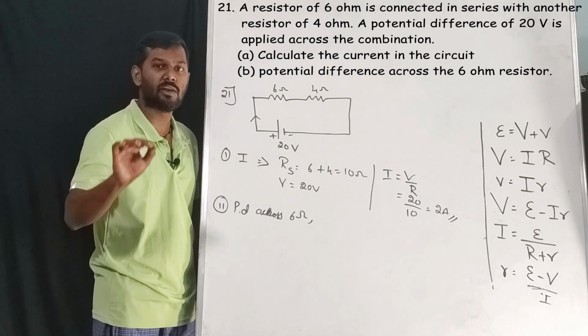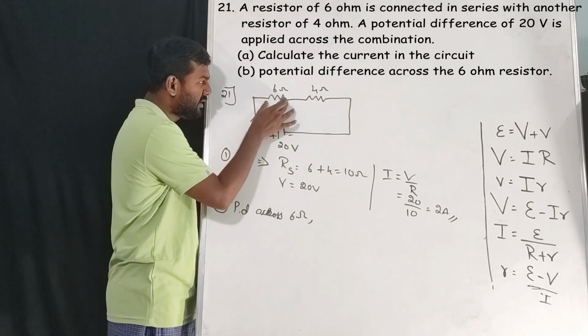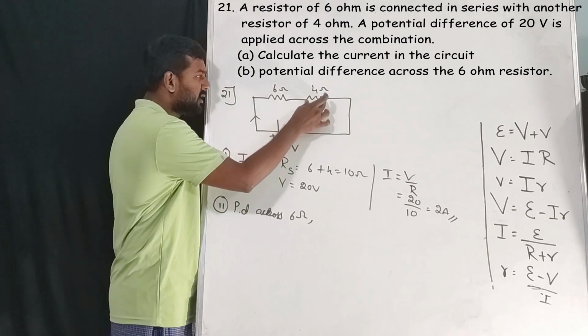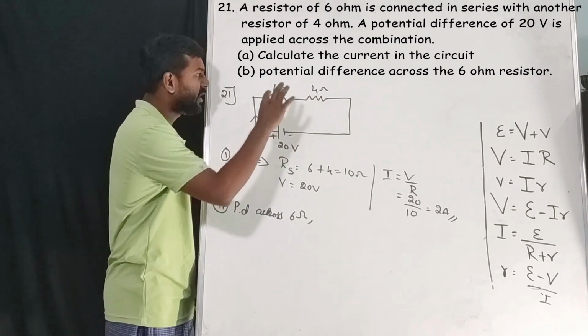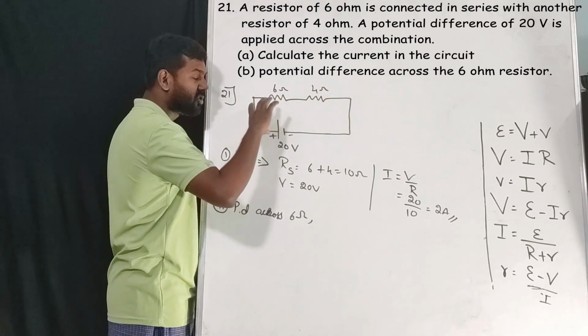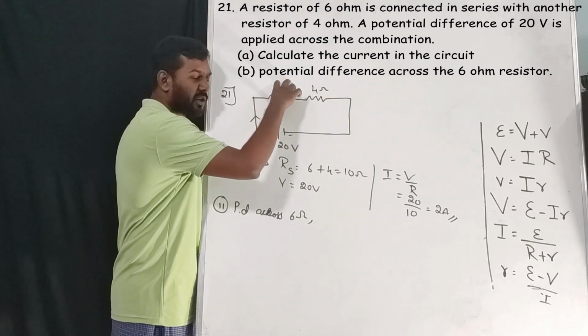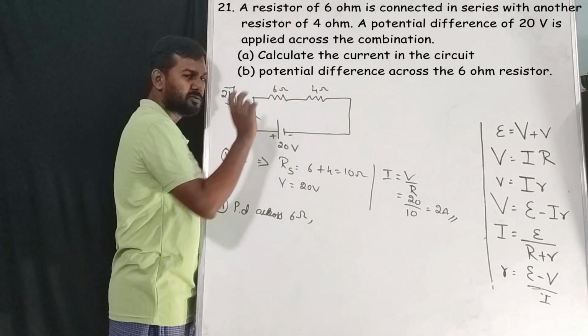No, it will be the same value. Why? Because current in a series circuit is the same. Current at the 6 ohm is the same, current at the 4 ohm is the same, but I told you voltage will be different in series connection. Voltage will divide, so at this resistor the voltage will be different, and at that resistor the voltage will be different.